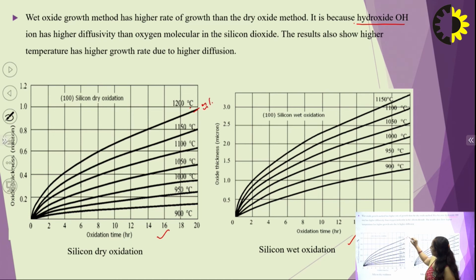Approximately 1.0 micron. Whereas in case of wet oxidation, for this 1150 temperature, we have more than 3 microns thickness layer, right? So this is the reason, because the OH ions can diffuse very quickly as compared to your oxygen molecules.